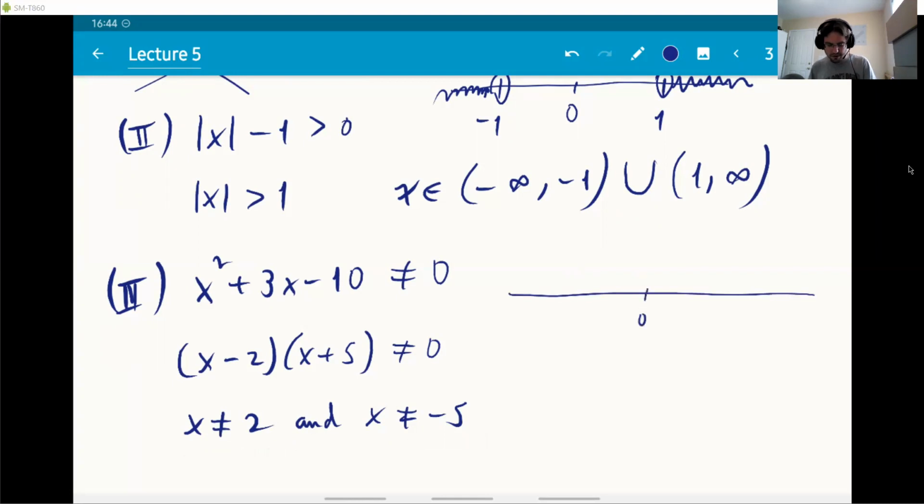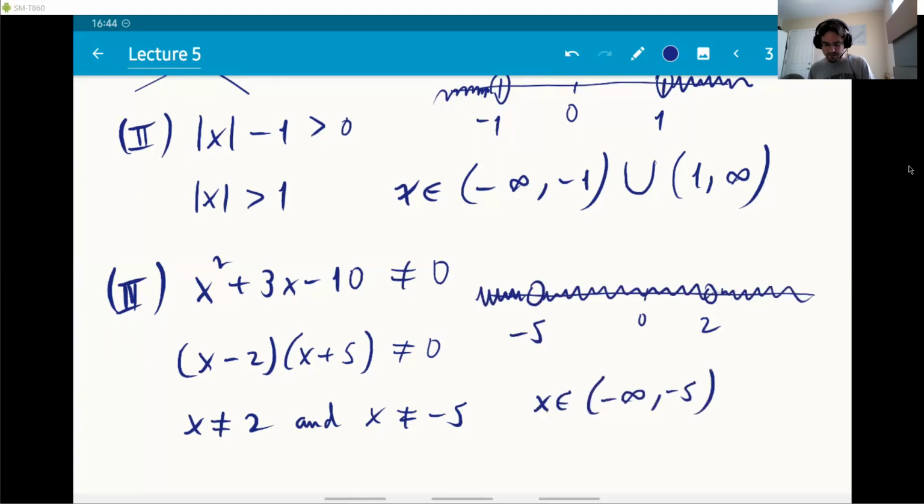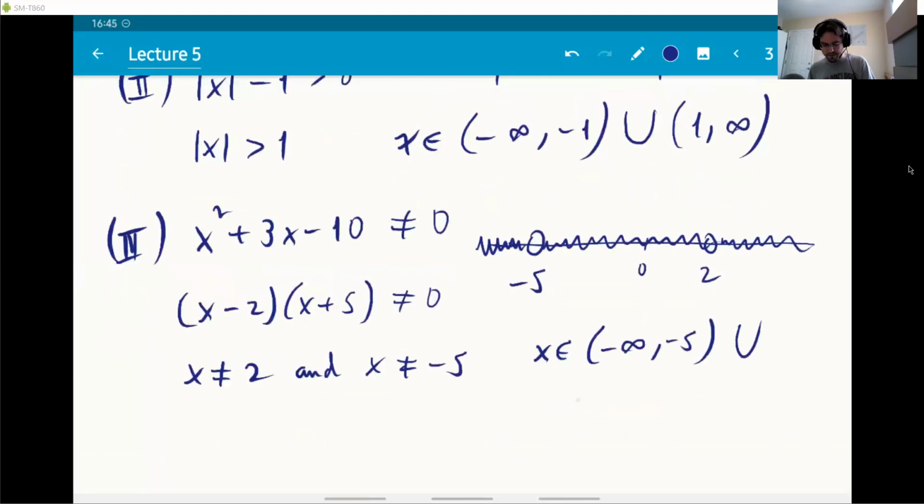Once again, thinking about the line, you have minus 5 here and you have 2 here, and you want basically anything except the two numbers. So this would be from minus infinity to minus 5, union with from minus 5 to 2, and then also with 2 to infinity. So we found the three conditions.